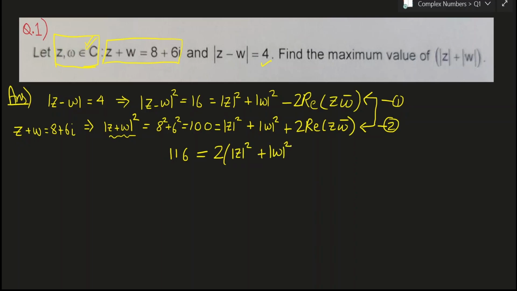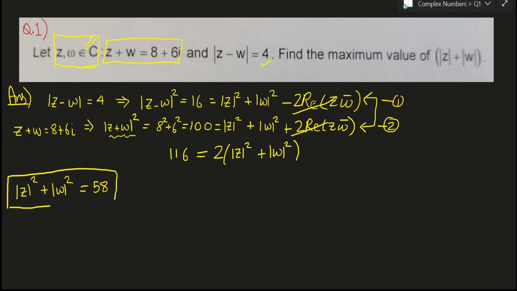This 2 times real part of z omega prime is going to cancel out because they have opposite signs. So I'm going to write this down here: mod z square plus mod omega square is equal to 58. This result I'm going to use in the future.